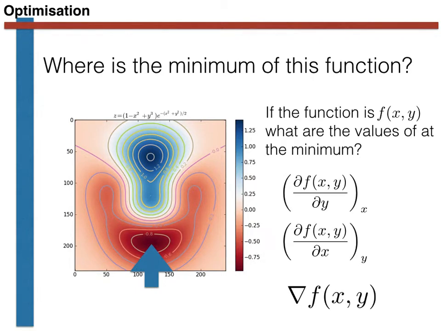If we were at the minimum for this function, what would the following derivatives be equal to? Hopefully you know that at a minimum, all these derivatives would be equal to 0. Although strictly speaking, the last one of these, the grad of the function, is a two-dimensional vector of all zeros.